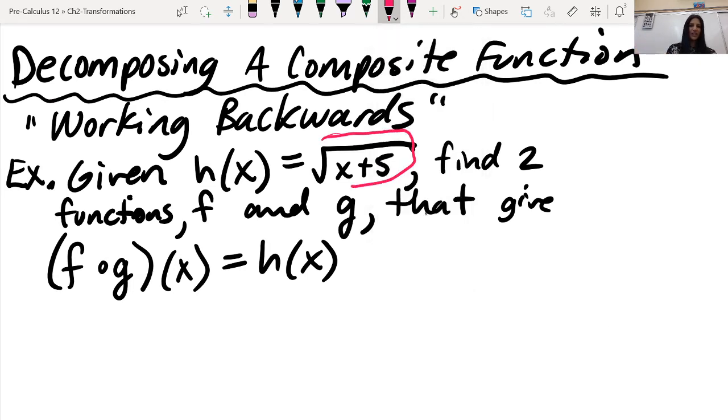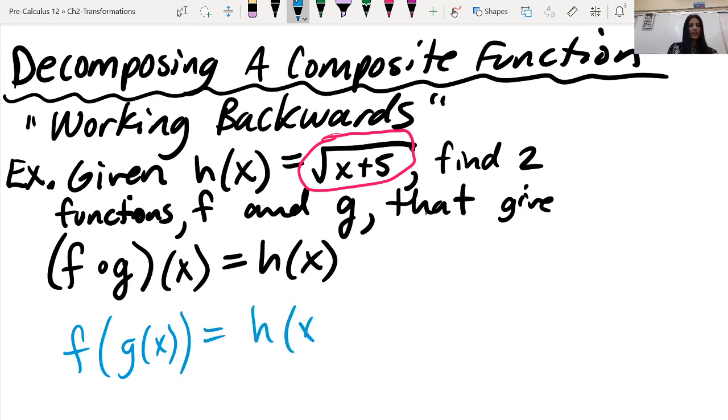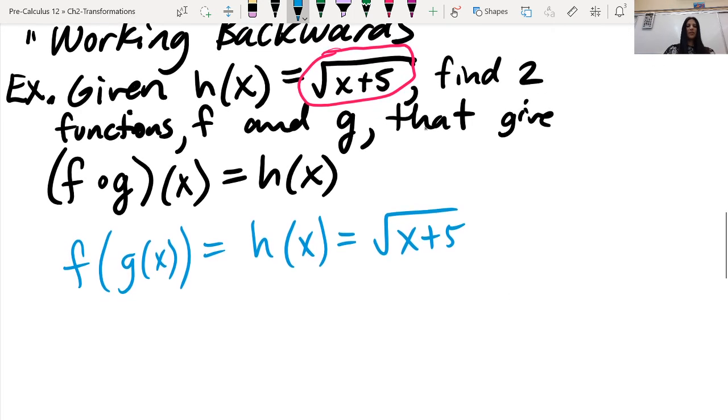Okay, so if we have this, we want to take that and split it apart, or work backwards and think of what are two things that could come up with that or create that. So I'm going to rewrite this way. F of g of x, we're saying, is all equal to h of x, which happens to be root x plus 5. So when we look at this, I'm thinking, okay, so what and what?